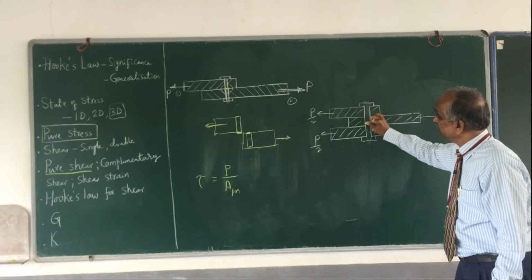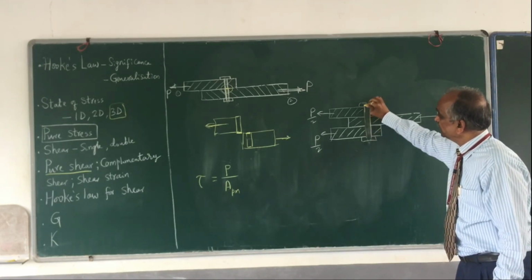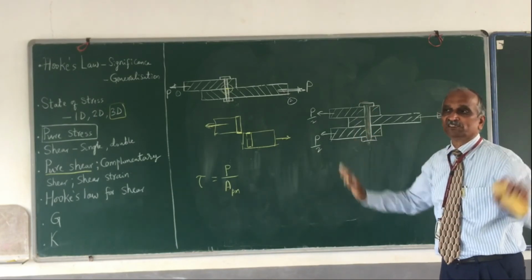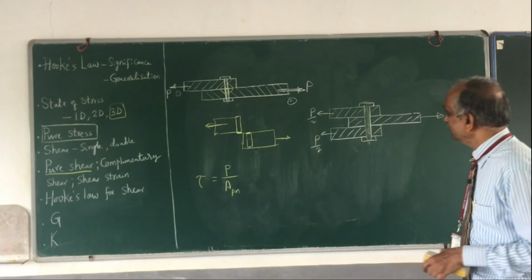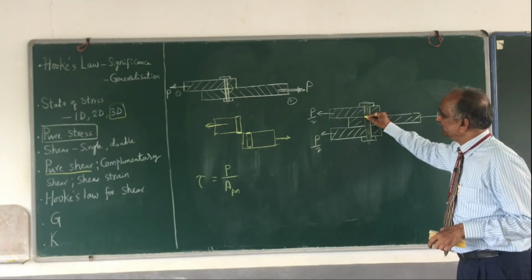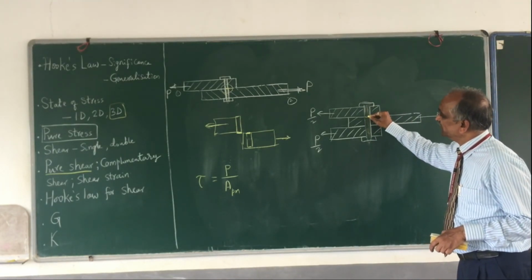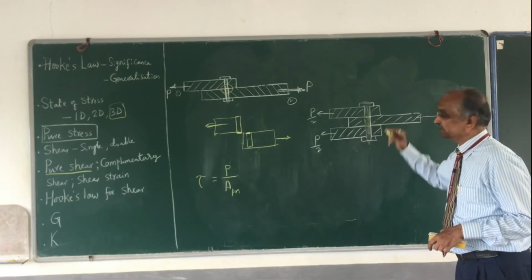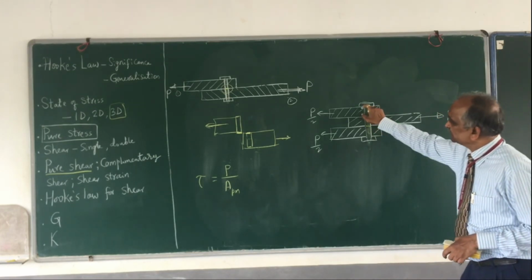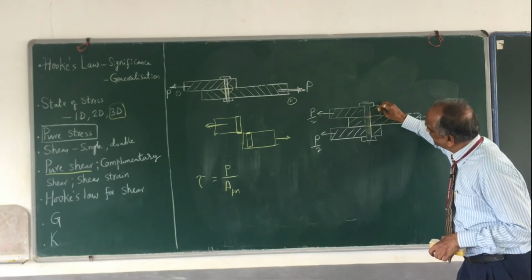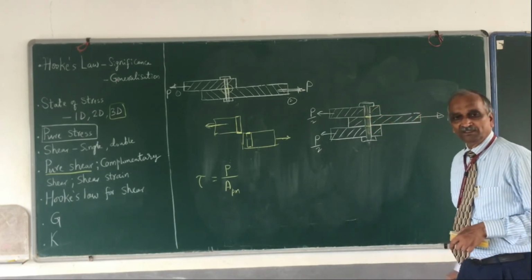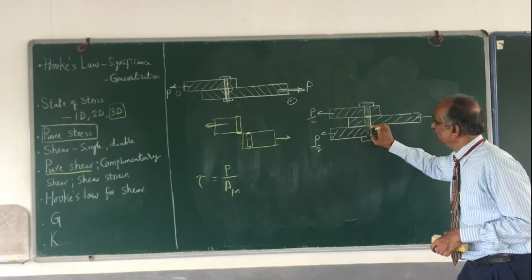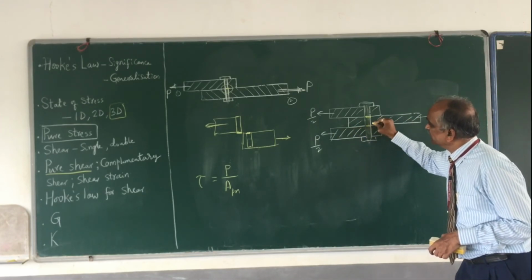Assuming that the material across this pin is homogeneously strong, equally strong, then it breaks simultaneously at this juncture, and also at this juncture. This plate will break at this section, and similarly this bottom one will break at this section.